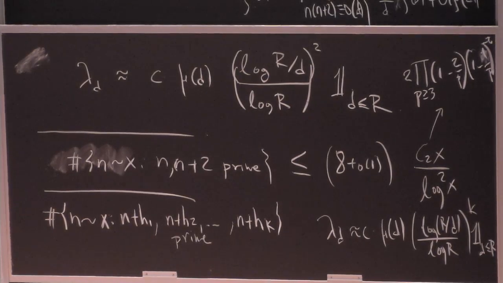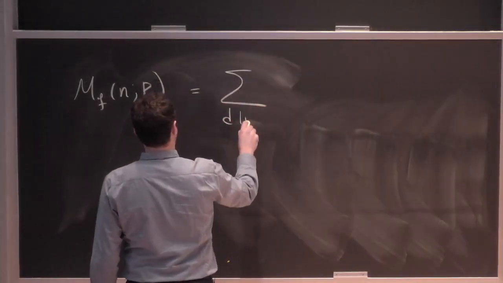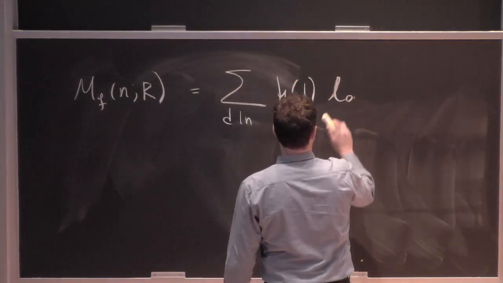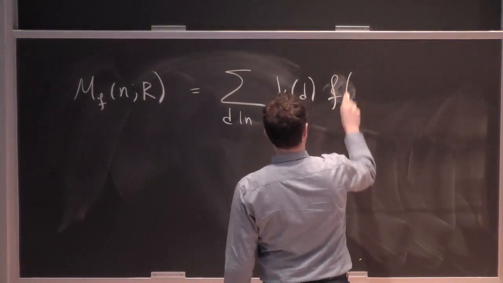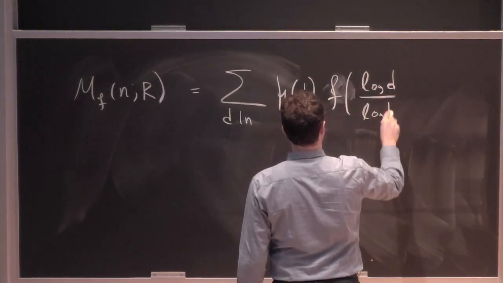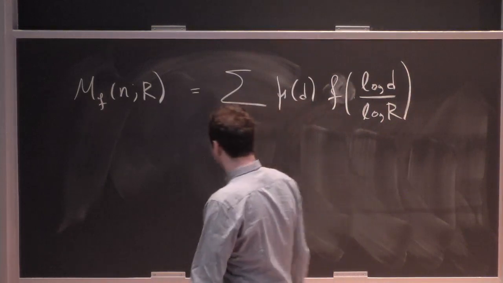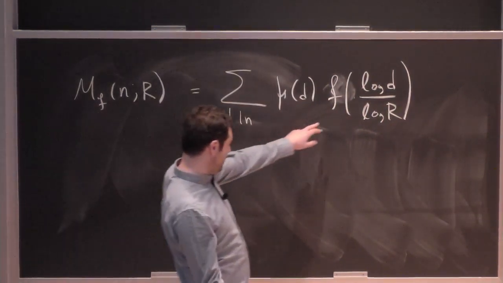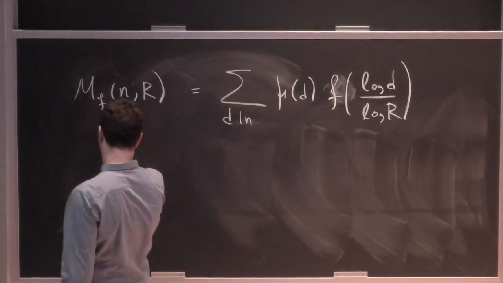And so motivated by this work, and also by trying to understand better what is going on in the Selberg sieve, let's define this kind of general Selberg-type weight. M_{F,R} will be mu of d, and then F will be this cutoff function, so it will be supported only up to 1.